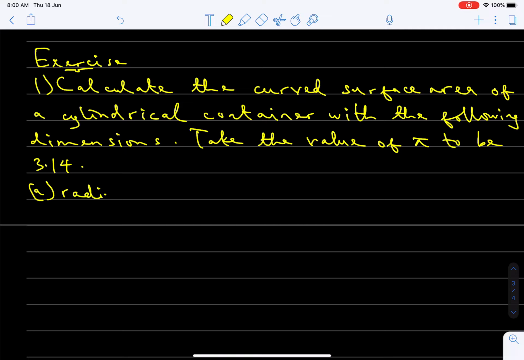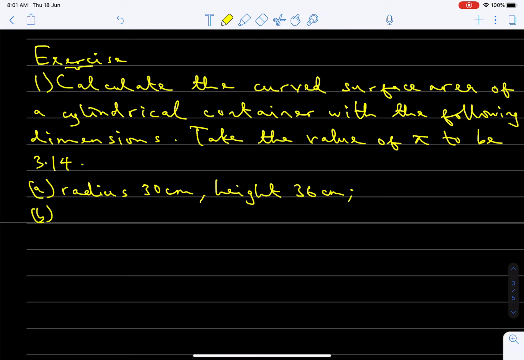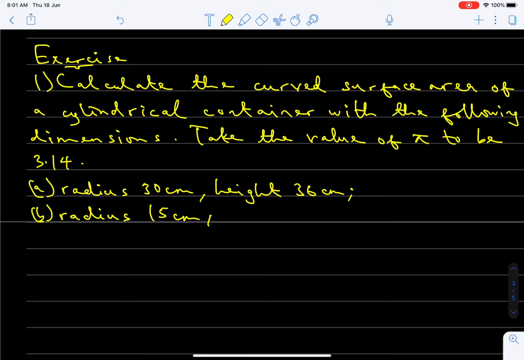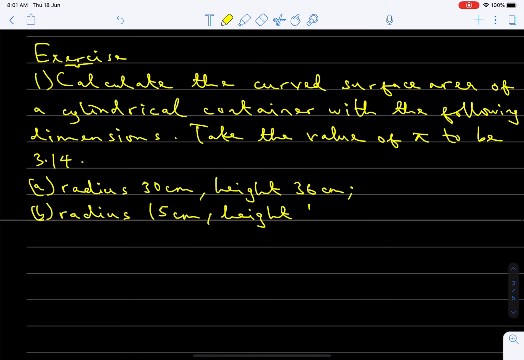And the first cylinder has dimensions: radius 30 centimeters, height 36 centimeters. B, radius 15 centimeters and height 1.2 centimeters.